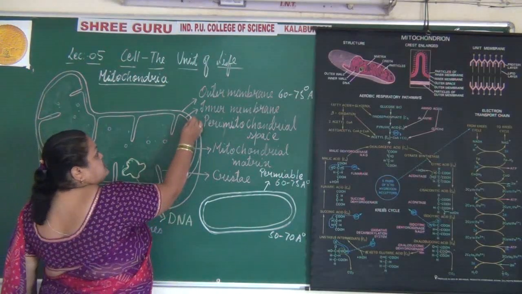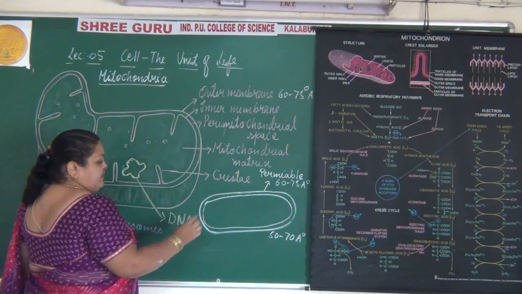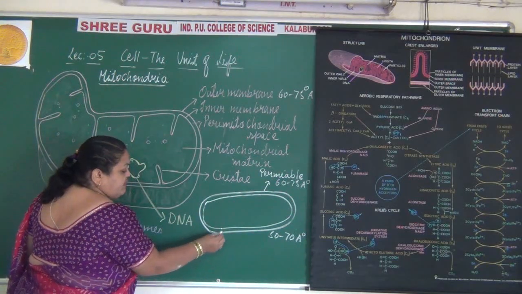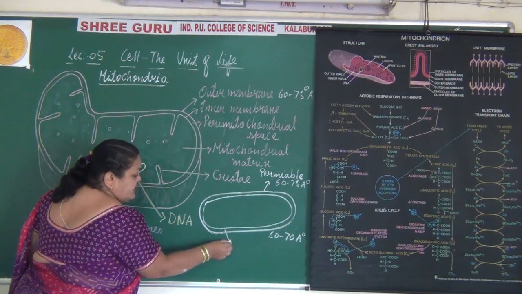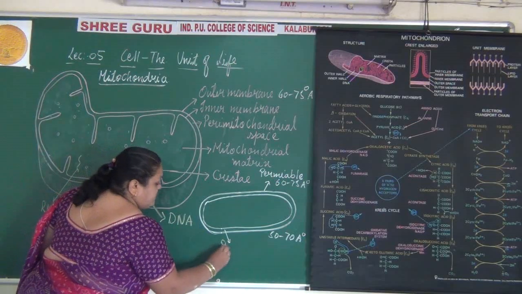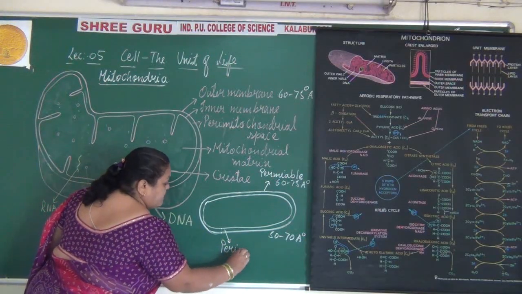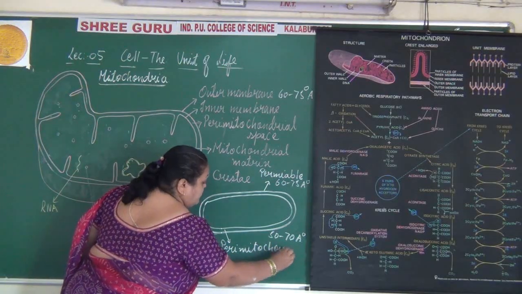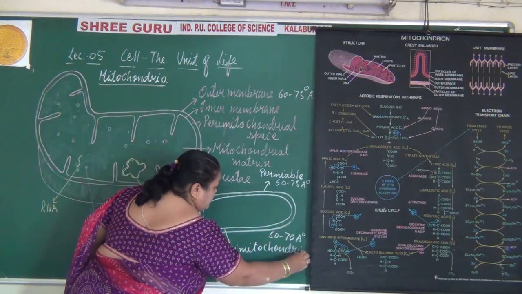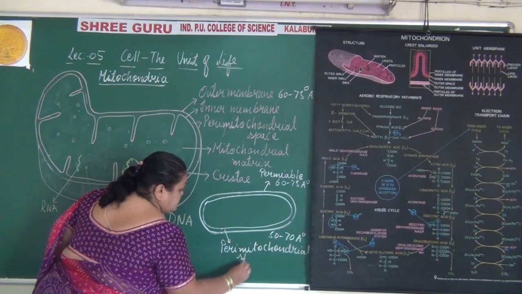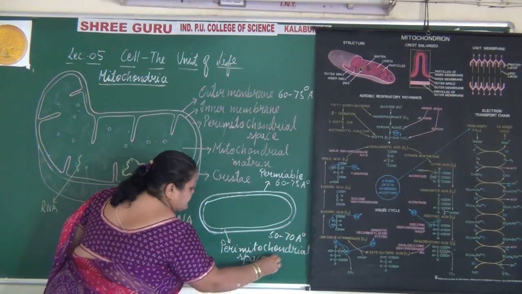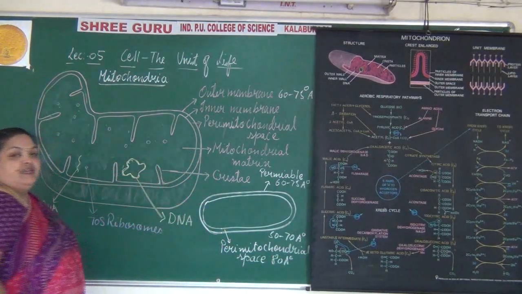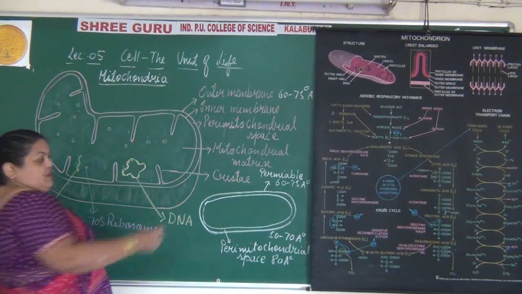And the space between the outer and inner membrane is known as the perimitochondrial space.